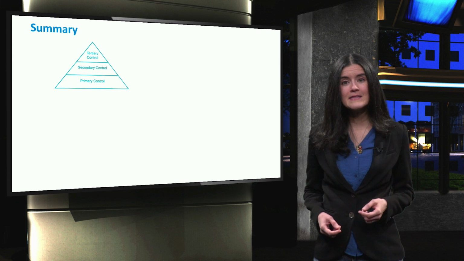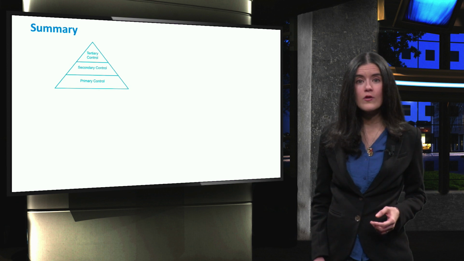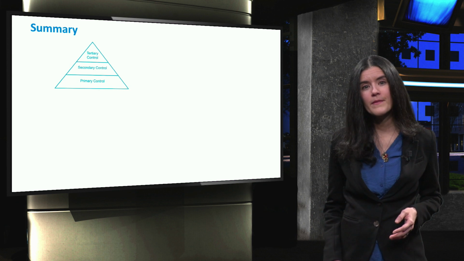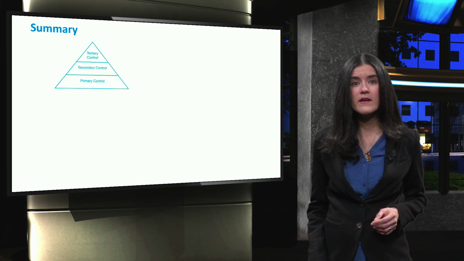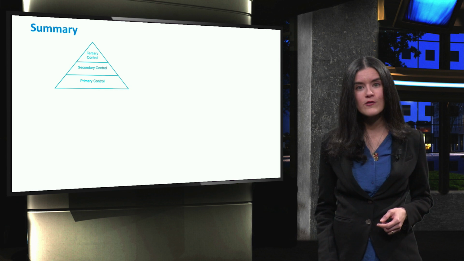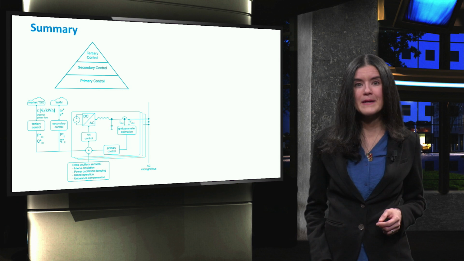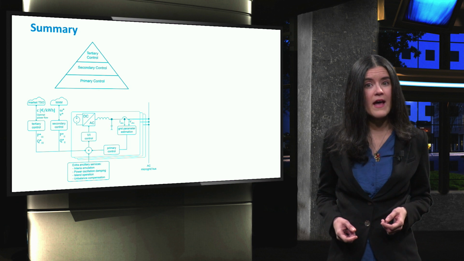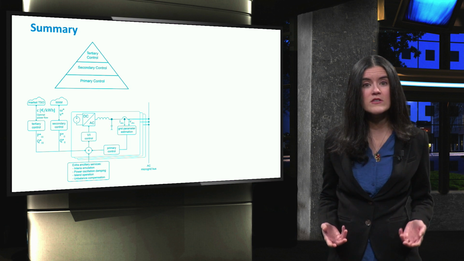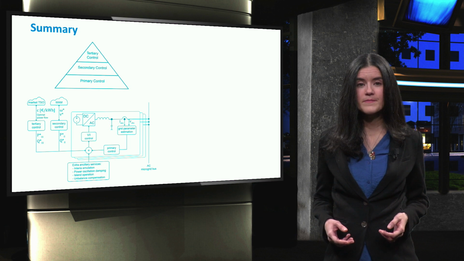So, in this lesson, we learned that local control in microgrids can be hierarchical. It is usually divided into primary, secondary, and tertiary control. Then we saw how these three layers are implemented, what are the areas involved, and the microgrid parameters over which the different controls act.